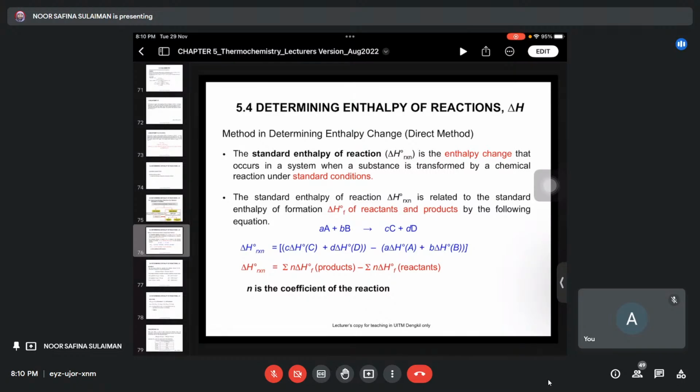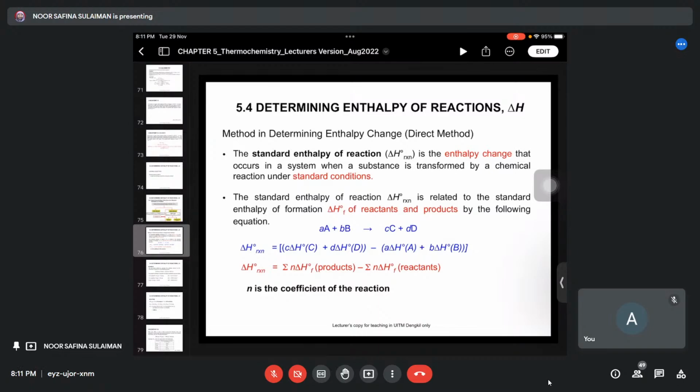So nak tahu berapa delta H naught reaction for this reaction A plus B form C and D, you kena tahu berapa enthalpy formation for A, B, C and D. So A and B are reactants and C and D are product. So kita guna formula. You ada product C, so you have to know the enthalpy formation of C and its coefficient.